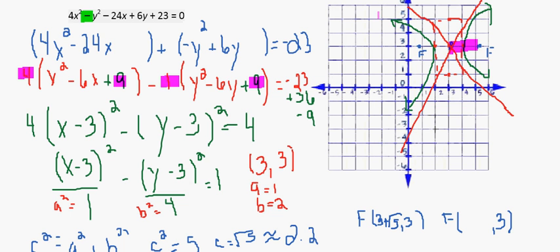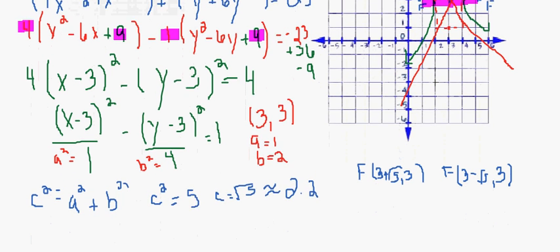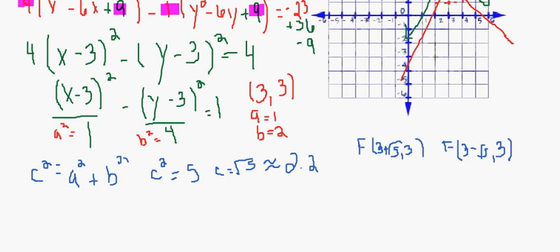And then to get the other focus, I started here at 3 and I went to the left square root of 5 units. So that's the same as 3, and then we went back square root of 5 units, so it's 3 minus square root of 5. And there's your foci.